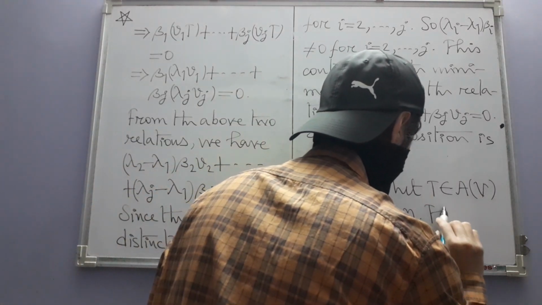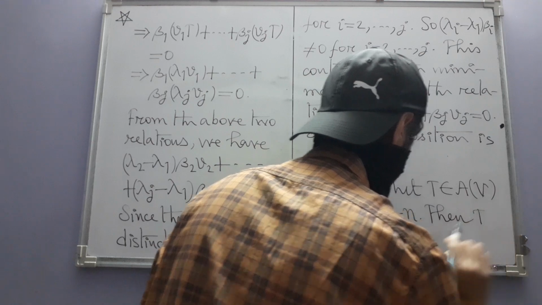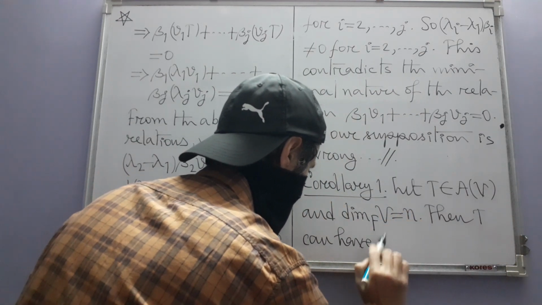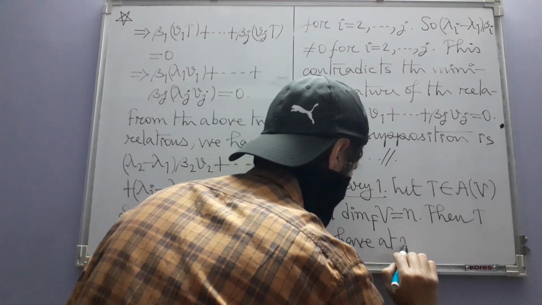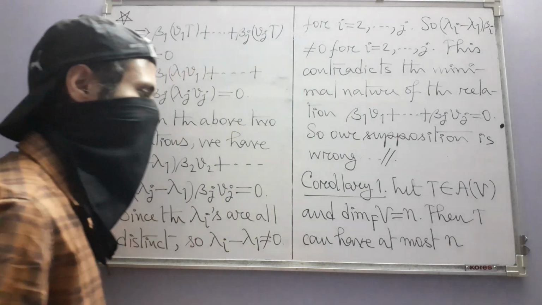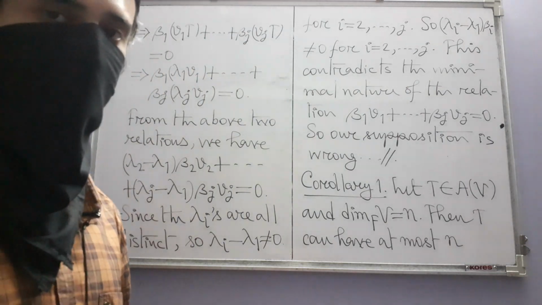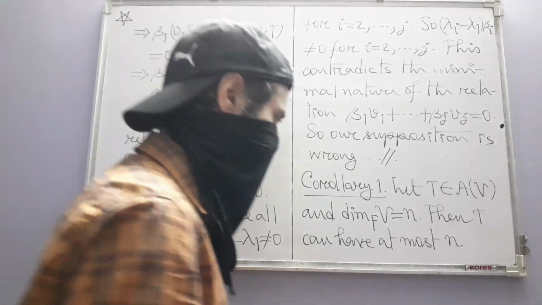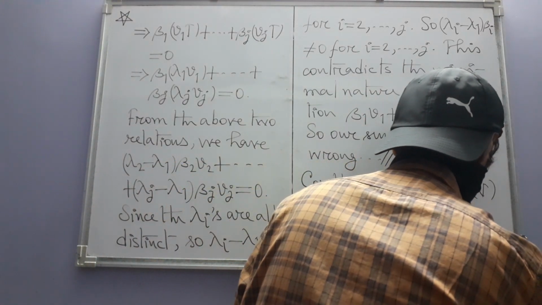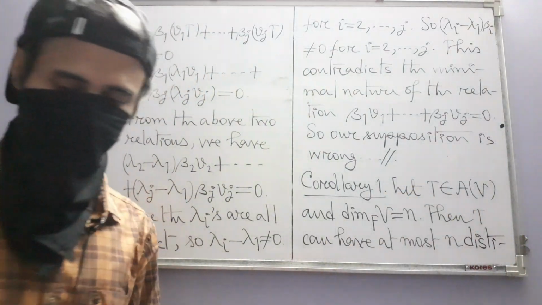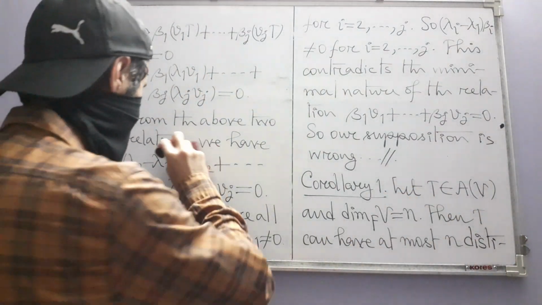Then T can have at most n characteristic roots in the field F. At most n distinct, yes, at most n distinct. At most n means at most n distinct.